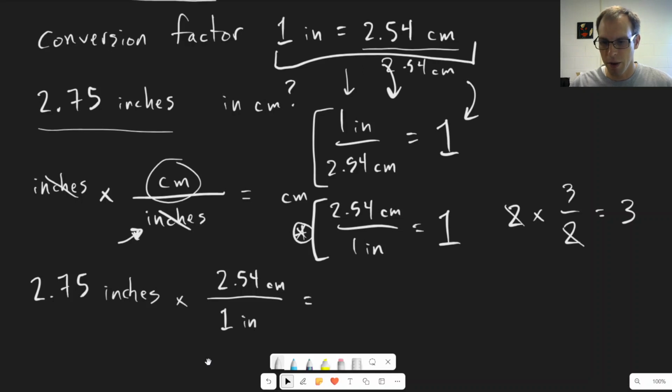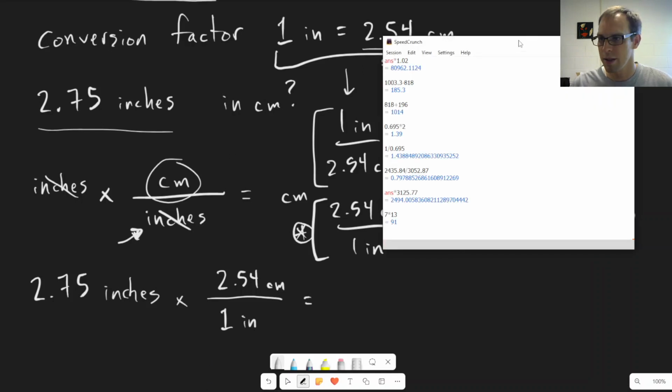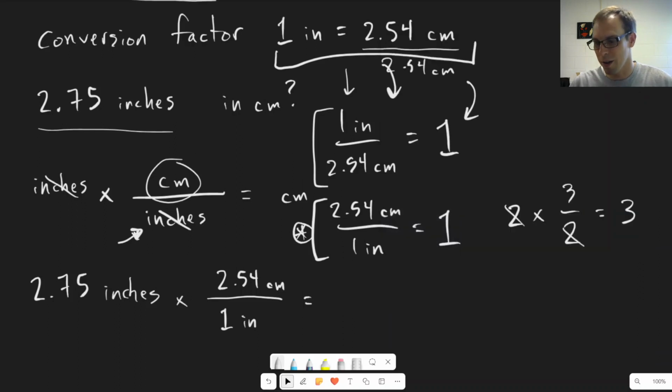All right, and now I'll go ahead and pull up my calculator here. There it is. I'll put in 2.75 inches times 2.54 centimeters per inch. That gives me a value of 6.985. We'll actually round that to 6.99. We'll talk about that in just a little bit.